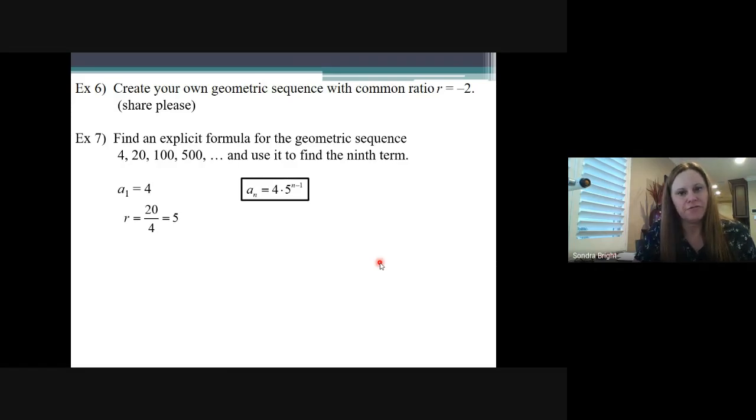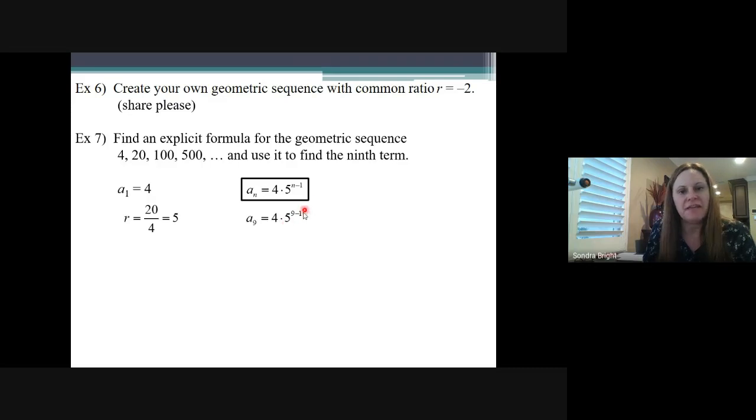That's an explicit formula. Now to use it to find the ninth term, you're plugging 9 into n. Remember, order of operations says you do the exponent before you multiply. So 9 minus 1 gives you 8, so it's 4 times 5 to the 8th power.